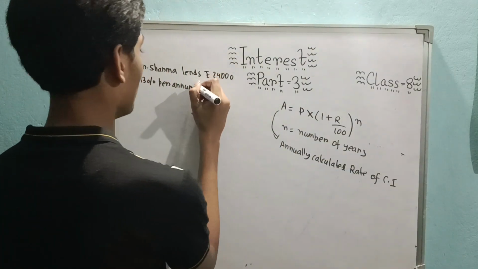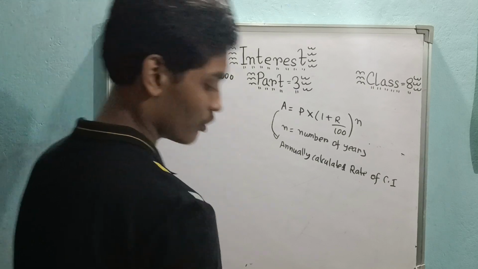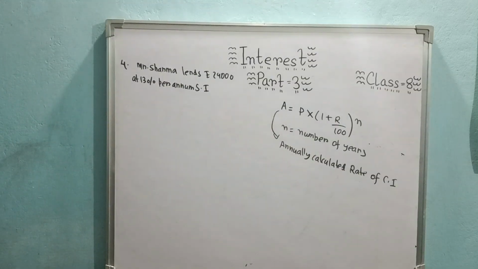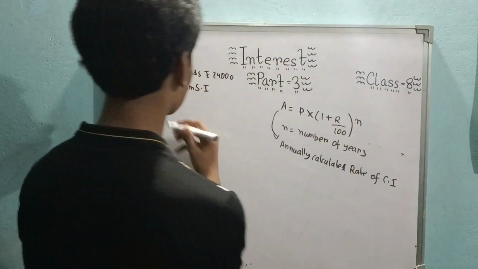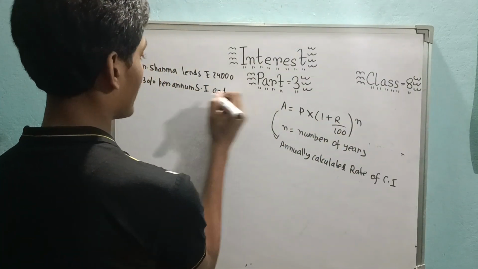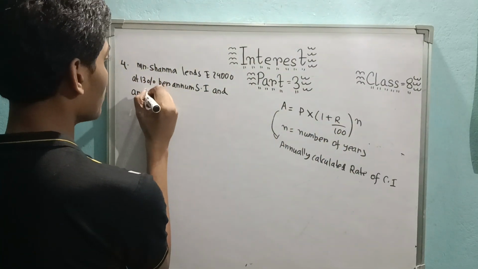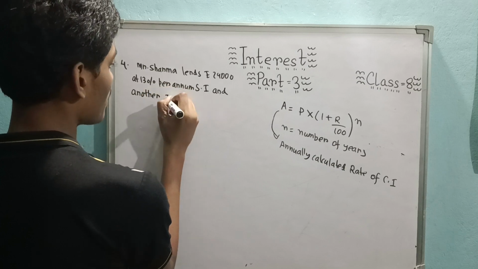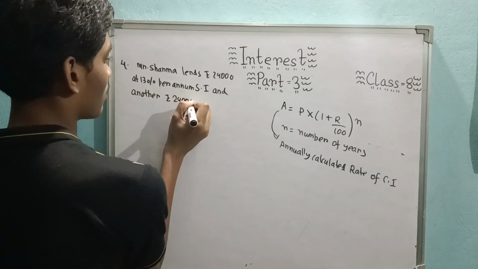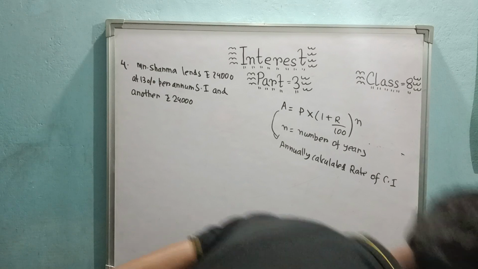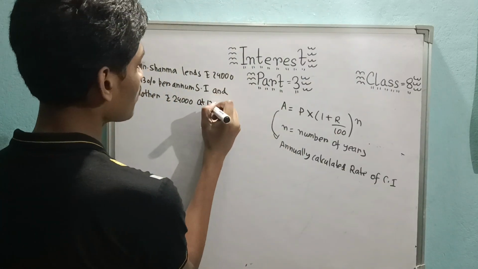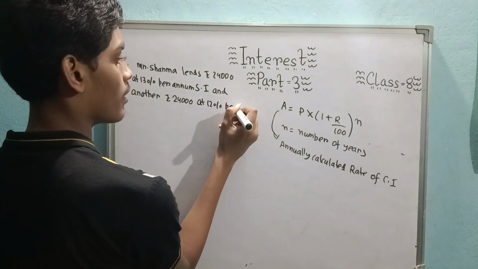Simple interest. Okay, hello there, simple interest. How are you? We did the sums on you in the previous video. And another 24,000. A rich person lending out money like anything at 12% per annum.